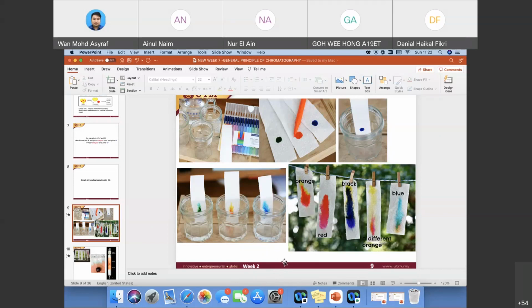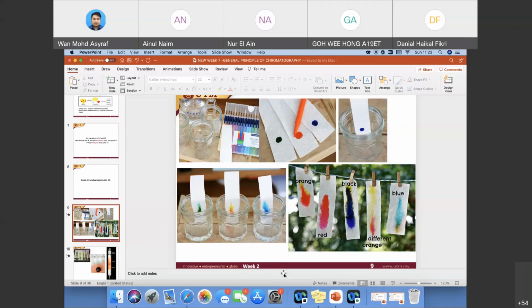Okay, it doesn't move up and down. The water is the only thing that is moving up and down, carrying your analyte, which in this case is your sample, your ink here, upwards by capillary action, right? So this movement of the mobile phase together with your ink creates a separation.